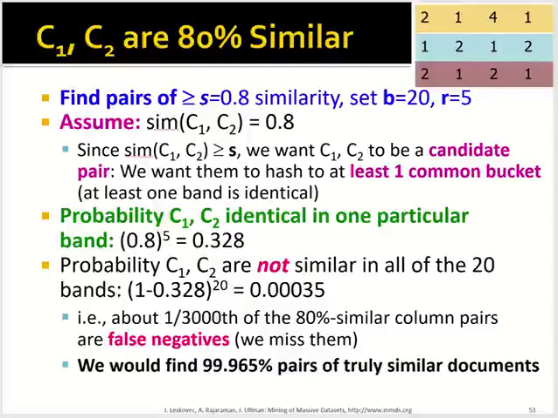So about 1/3000th of the 80% similar columns are false negatives, which can easily be ignored, so that we can find at least 99.965% of pairs that are truly similar documents.